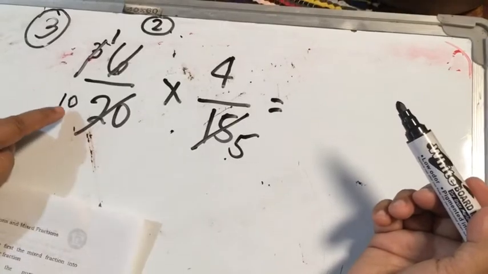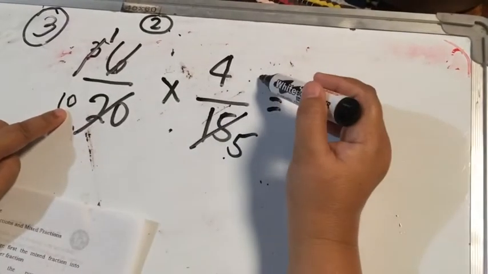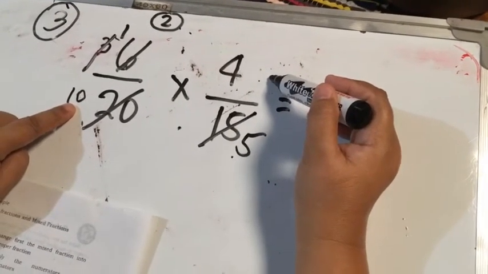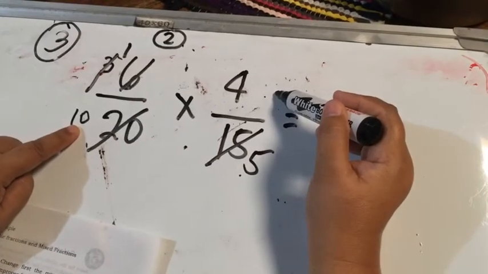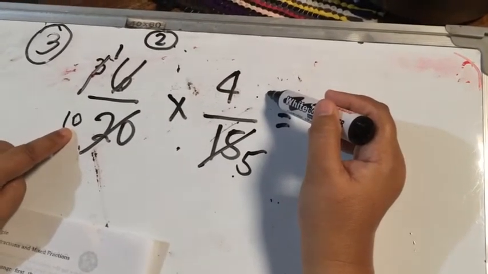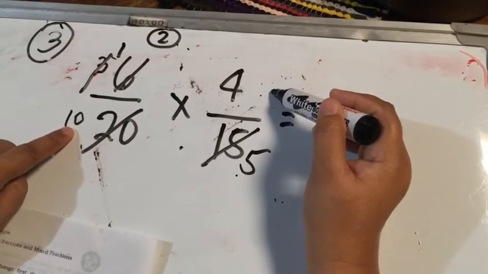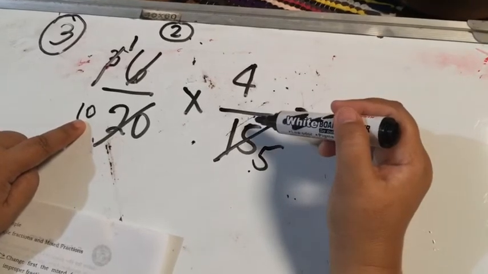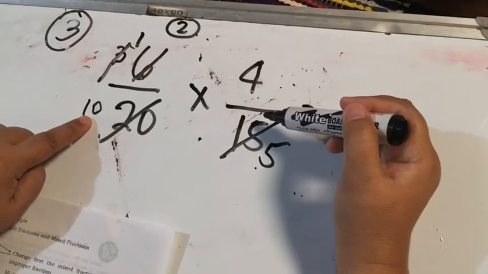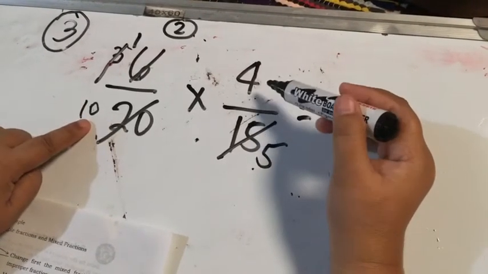Now look, how about 10 and 4? Can we reduce them? Can we simplify? Can we cancel? Of course, the answer is yes. What would be the number to be used in cancellation? So, think of the GCF of 10 and 4.